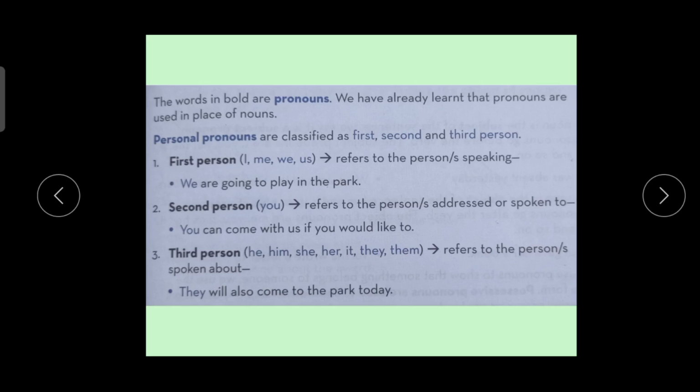For example, if you and your friend are talking about some other boy of your class, then that boy will be the third person. They will also come to the park today. Or if you and I are talking about the other group of children who are going to come to the park to play, then we will refer to them as they.